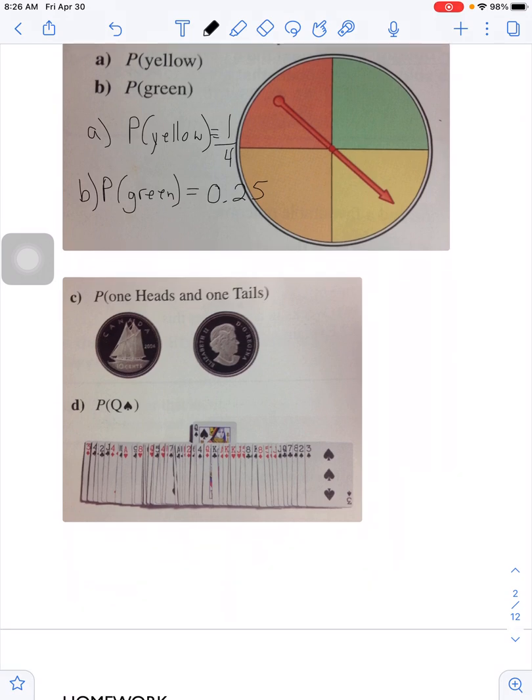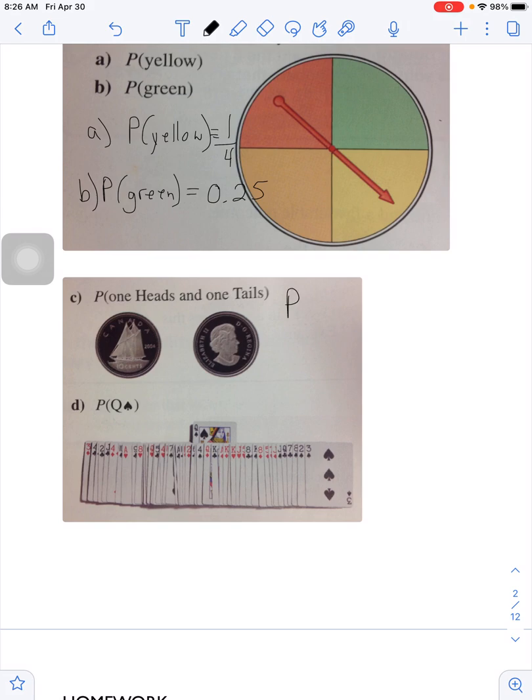Here's another one, C. P of getting 1 heads and 1 tails. Well, if flipping two coins like this, we could get heads, heads, heads, tails, tails, heads, or tails, tails. We're getting one head and one tail. That would be either getting a head, tail, or a tail, head. That's half of the 4 possible outcomes.